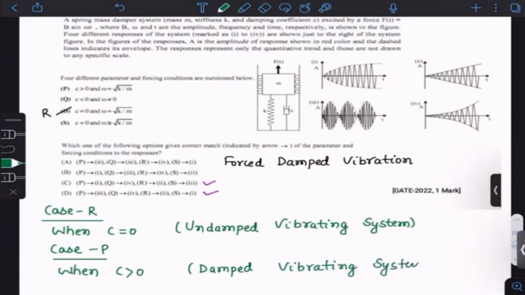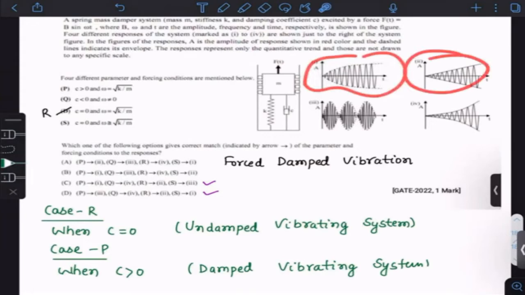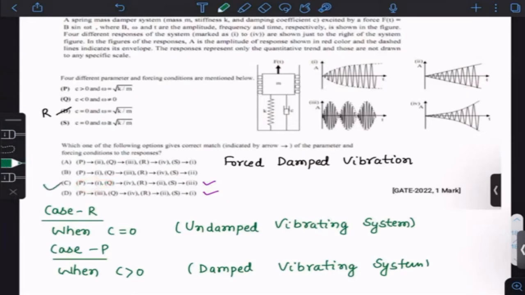Once you solve this equation, you are going to get the first case, and the first case is the answer. That is the graph for the damped vibrating system. So for P, the right answer is 1. Therefore, the correct answer for this will be C. C is the right answer, everyone.